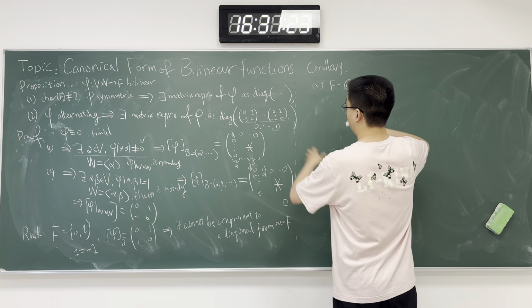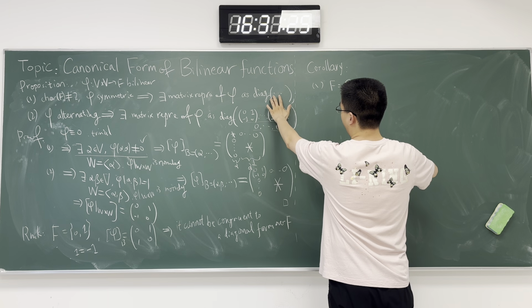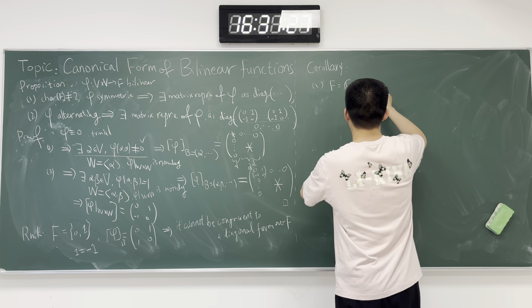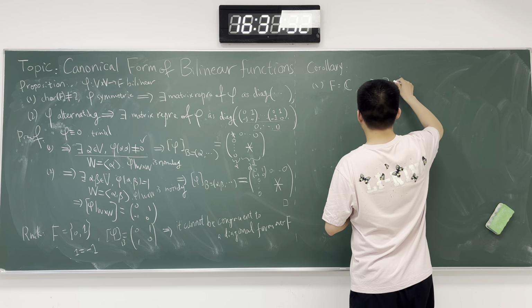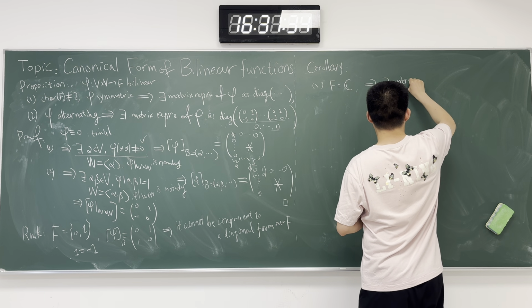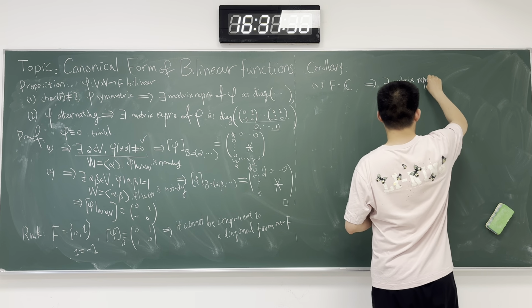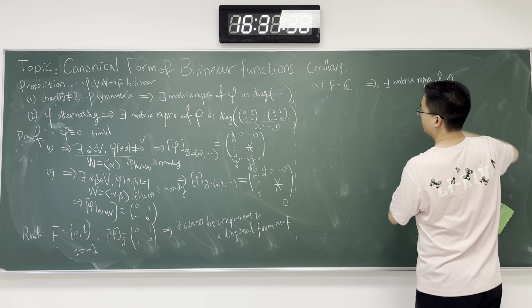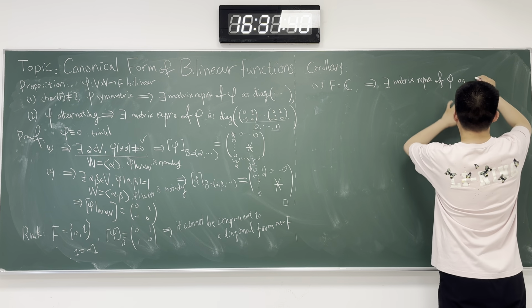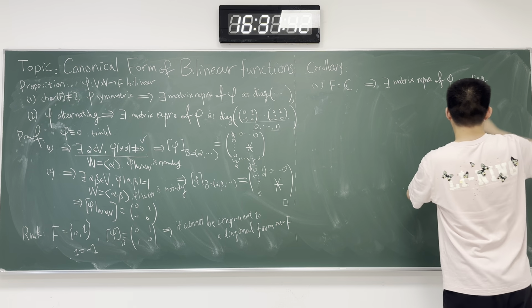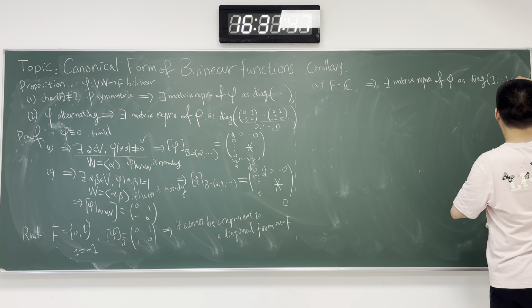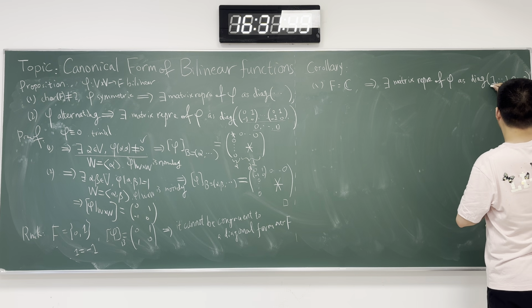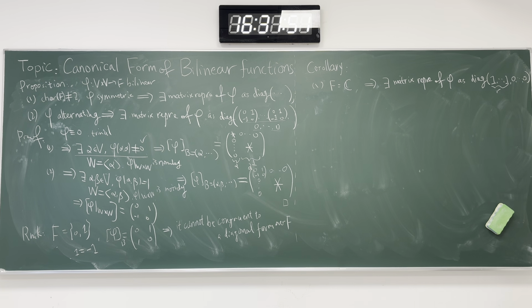So here we can put all the non-zero diagonal entries to be 1. Let's say there exists a matrix representation of phi as a diagonal matrix with 1s and 0s, and there are in total r 1s on the diagonal.